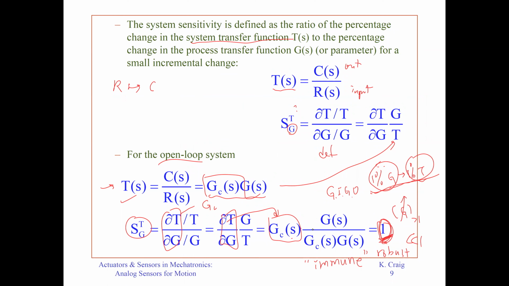Your controller will have no effect on the sensitivity. You cannot control anything in terms of sensitivity. If you have 10% in the G, you also have 10% in the input to output.